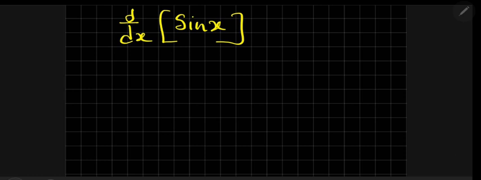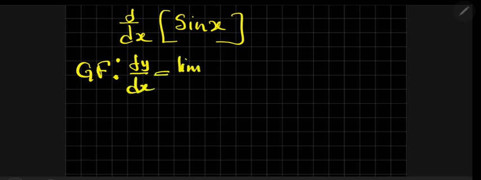It's the formula that you use when you're differentiating these trig functions or any other function for that matter. The general formula states that the derivative is equal to the limit as h approaches 0 of f of x plus h minus f of x over h.